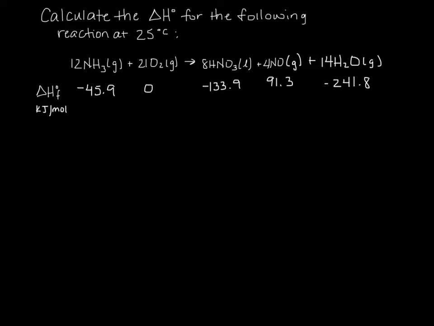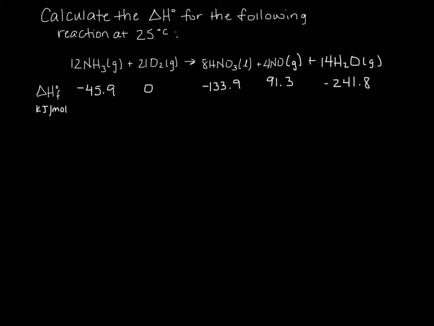Okay, one other thing you're going to need to know for your test, or for any other subsequent thermochemistry tests or quizzes, is how to calculate the delta H at standard conditions for certain reactions, given the delta H of formations, which is our delta H with a little degrees symbol on the subscript F. That just means that's our delta heat of formation.